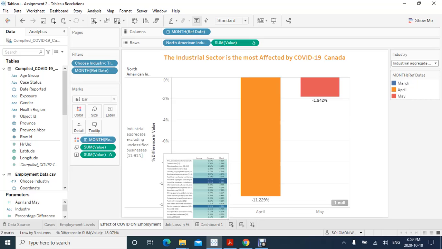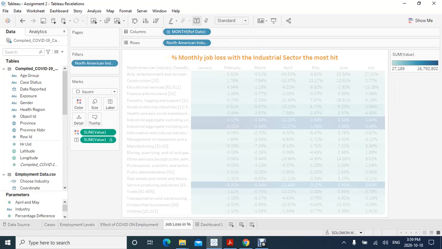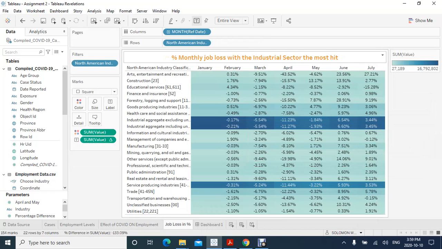To reinforce this data and prove that the industrial sector is the most affected, I also did a table visualization, and you can see all the industrial sectors against the months.